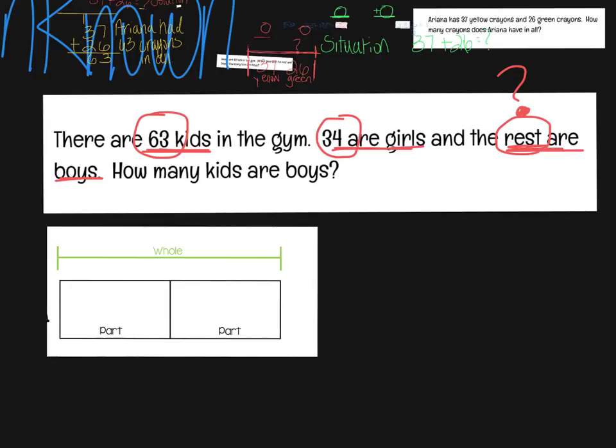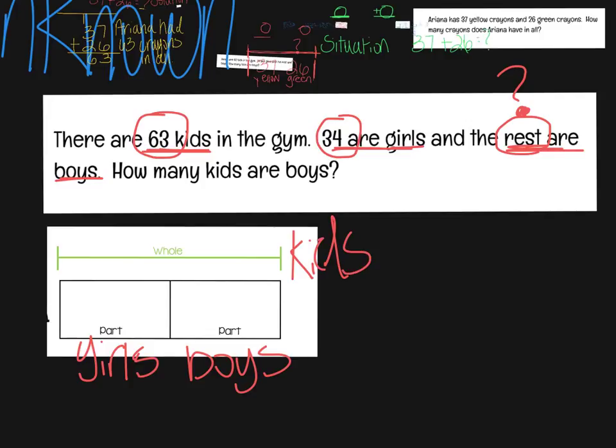Excellent. My two parts are girls and boys. Okay. What is my whole? Perfect. My whole are the kids. All the kids that are in the gym.